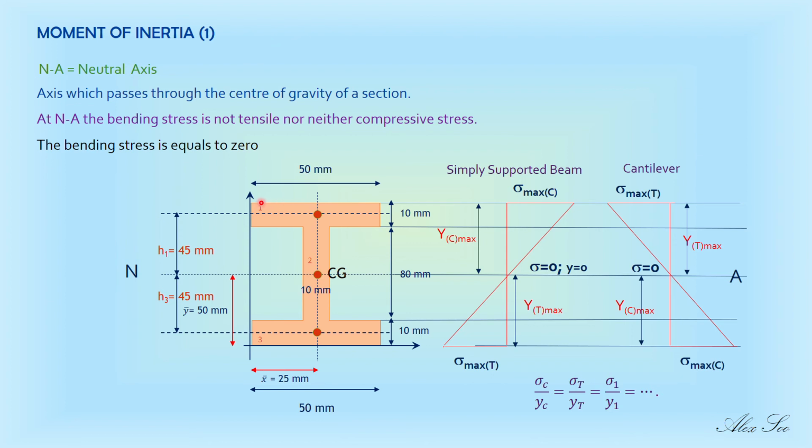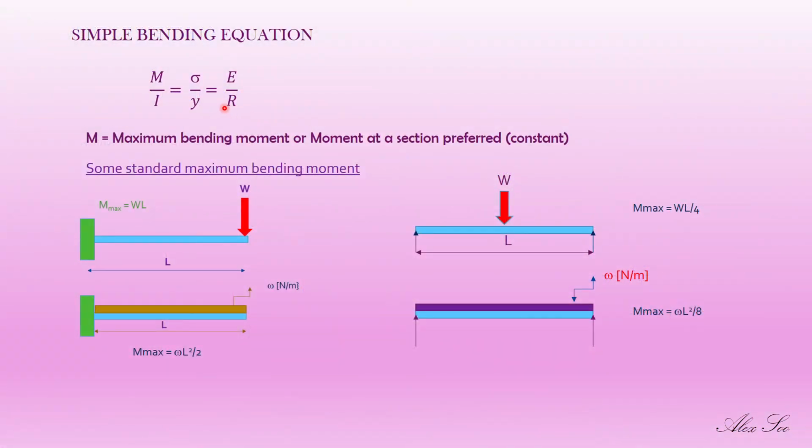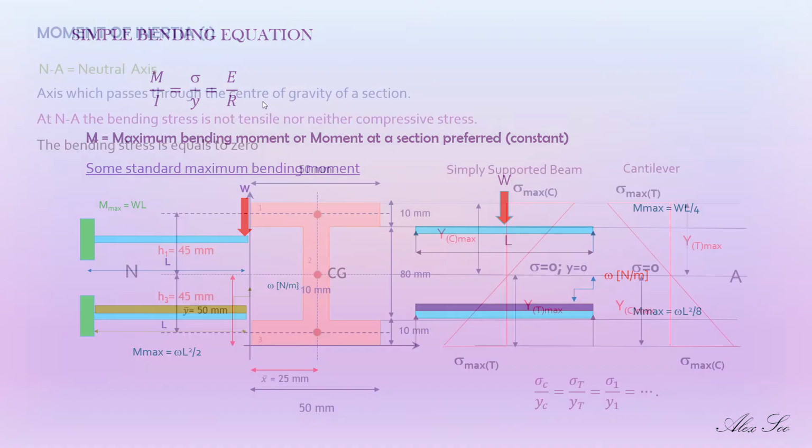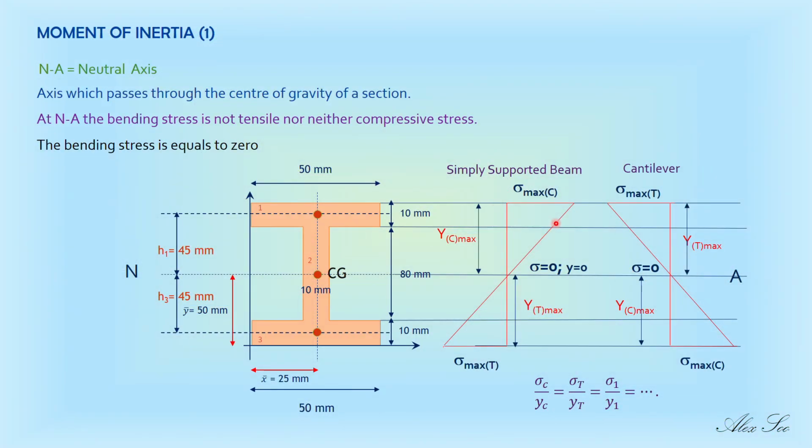I must know the y, the vertical distance from the neutral plane to here. What is this y value? For example, here it is 40 plus 10, so this y value should be 50. Then you can substitute your 50 into this formula with your M and your I, and you will be able to find the bending stress at this section.